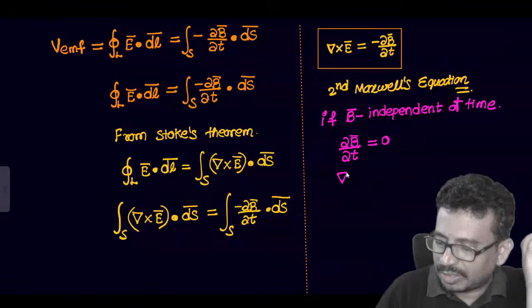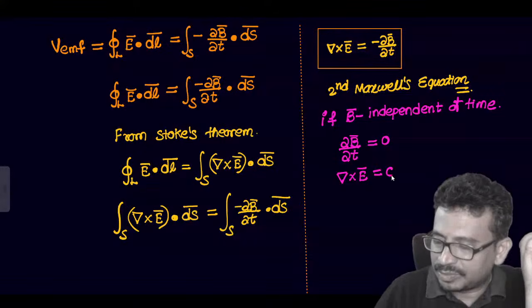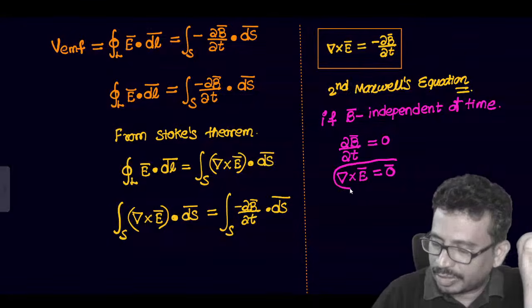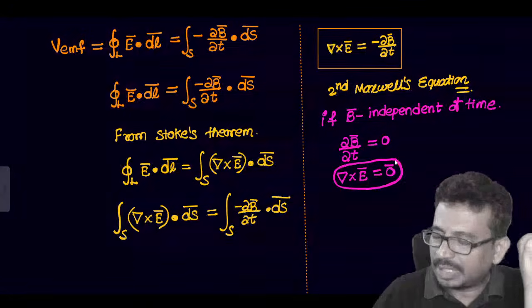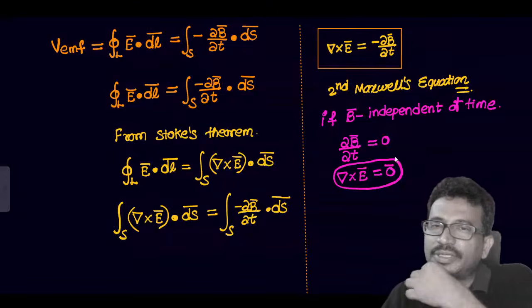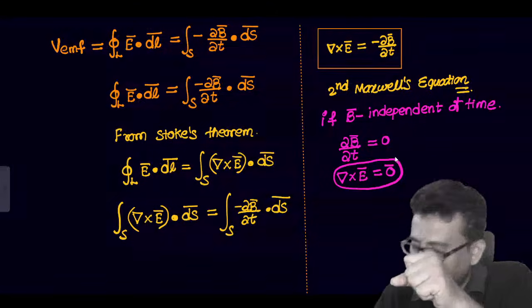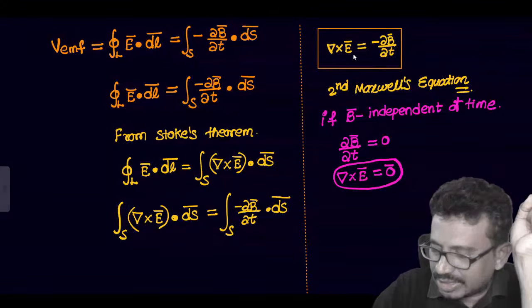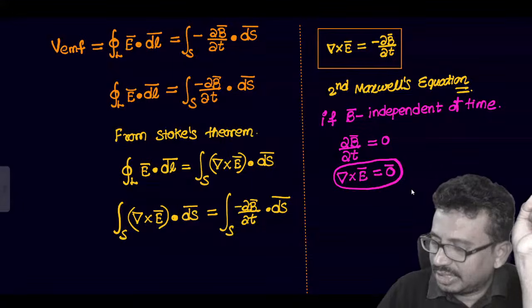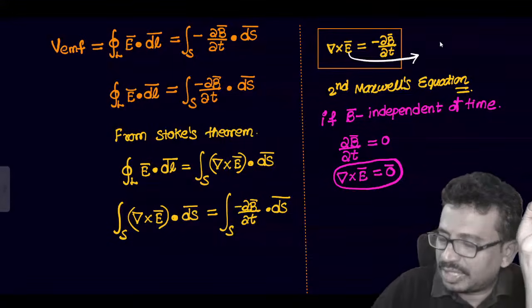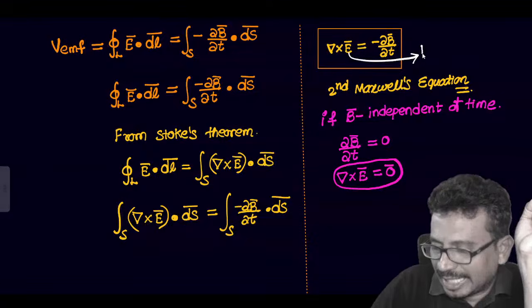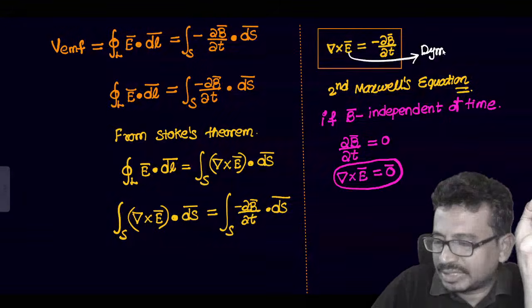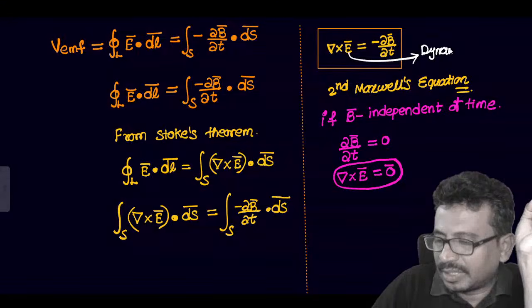So del cross E will become what? Zero. So in this case the curl of the electric field is zero, but in the time varying case the curl of the electric field is non-zero. What is this E called here?